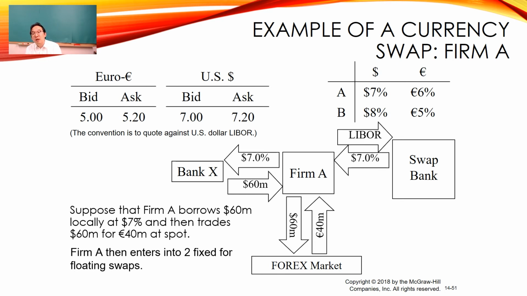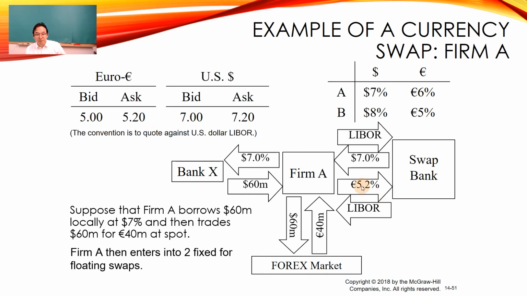And then there are two fixed-to-float swap transactions going on, one for the euro currency and the other for the dollar currency. Because this is fixed-to-float, a bid-ask spread is quoted. So for US dollars, bid 7%, and for euro, 5.2%.